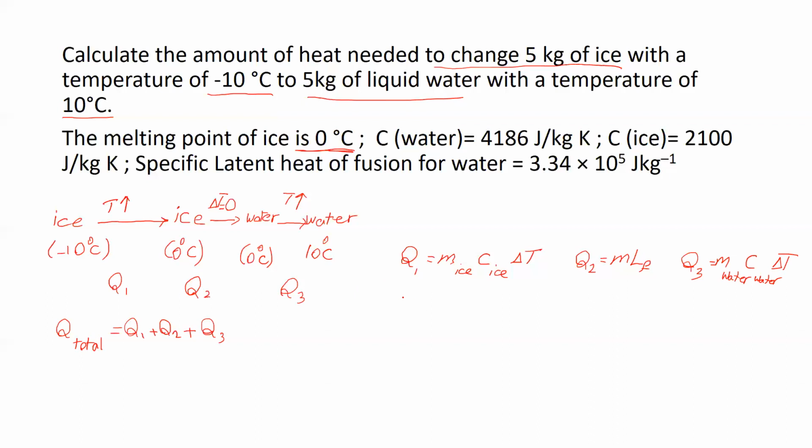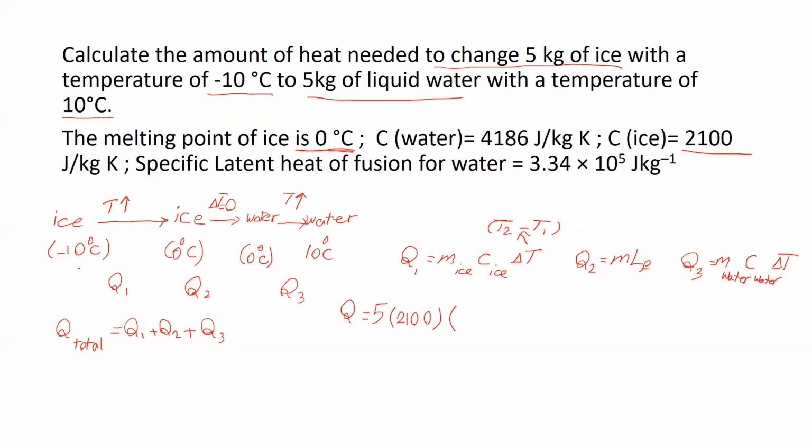Right now, the only thing that we need to do is substitute numbers. So Q total equals Q1, where m of ice that we see in the question is 5 kilograms. c of ice that we have in the question is 2,100, so I multiply it here. Change of temperature, we know delta T is always T2 minus T1, or T final minus T initial.